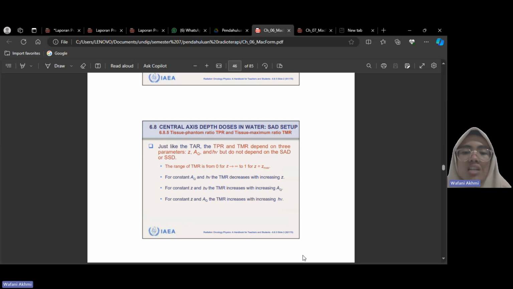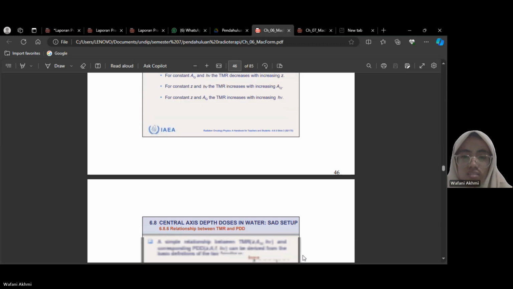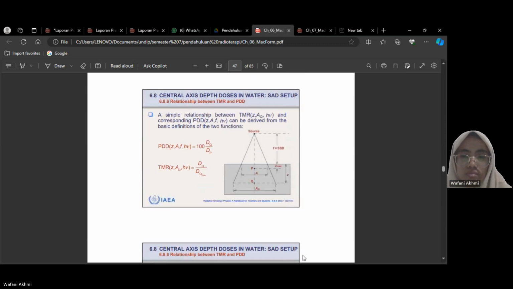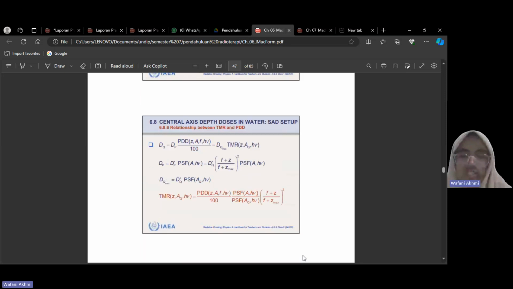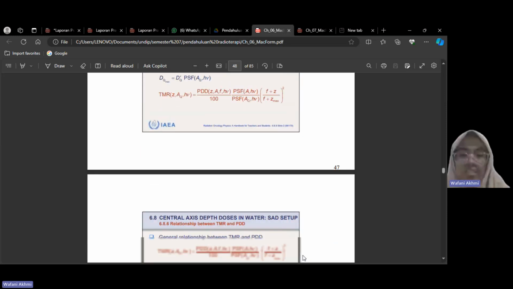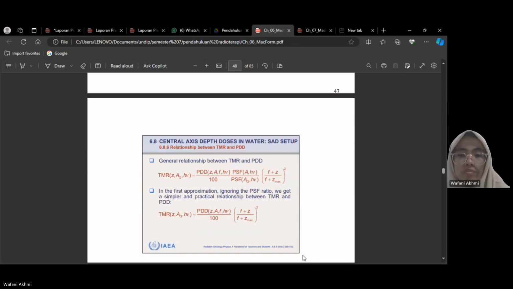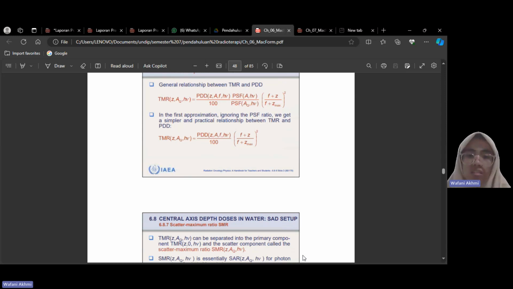Just like the TAR, the TPR and TMR depend on three parameters, Z, AQ, and HV, but do not depend on SAD or SSD. This is the relationship between TMR and PDD. Still the relationship between TMR and PDD. General relationship between TMR and PDD.